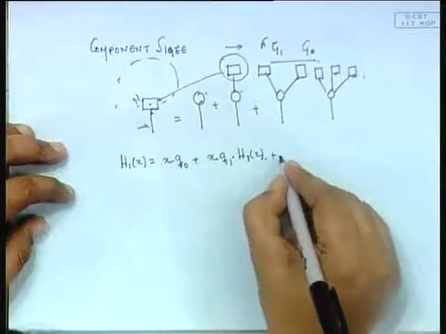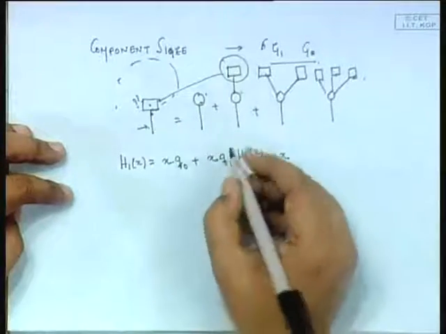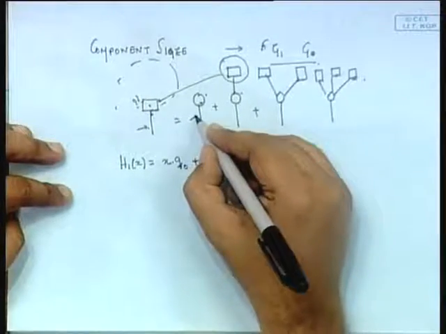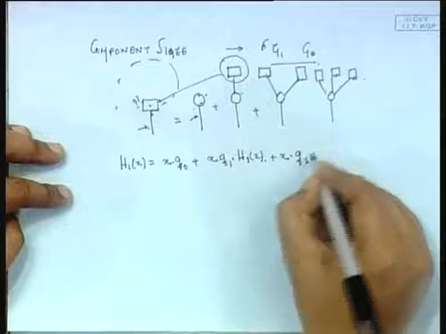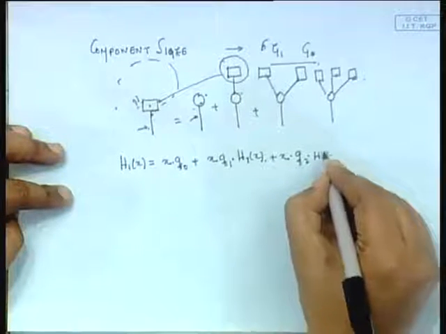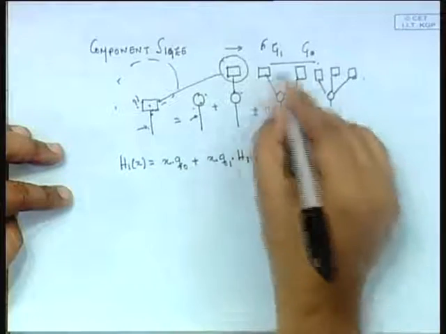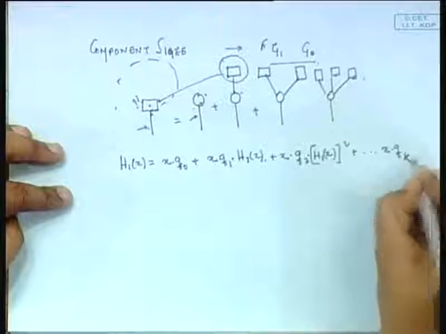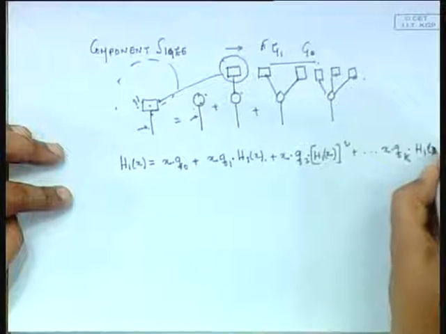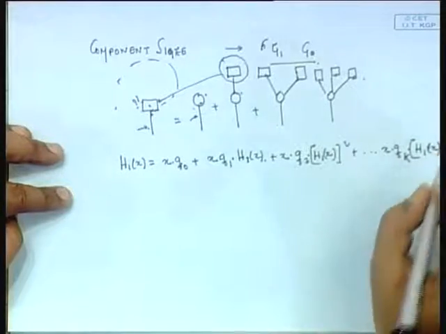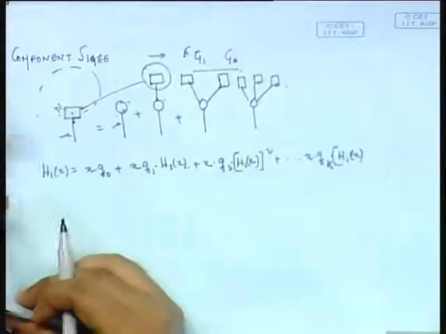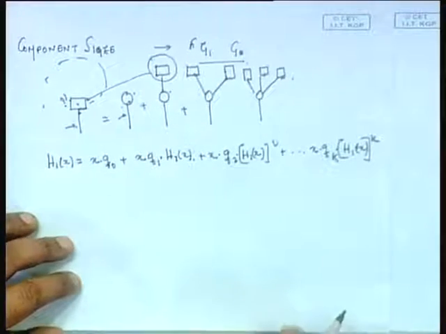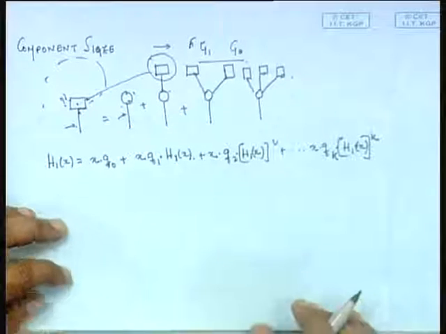Or you can have x, meaning one node, one edge, times q2 times H1(x) whole squared, and this way it will go on, x times H1(x) to the power k. No problem. Okay, very good.